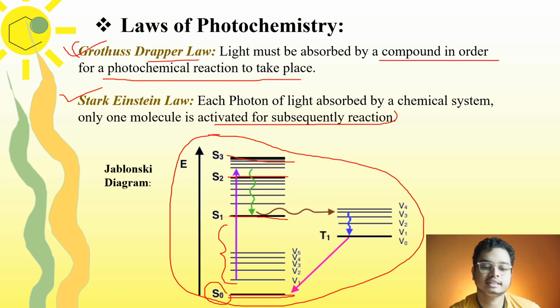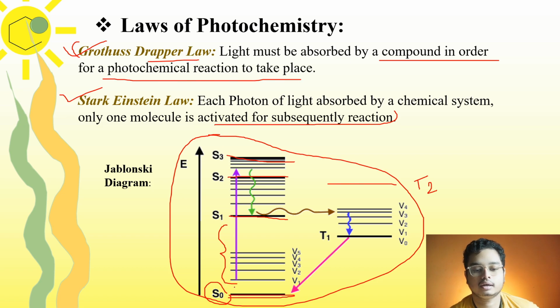So you can say this is all electronic state, S0, S1, as well as T1 is also an electronic state, and T2 is also there, and between T1 and T2 there are so many vibrational states. T1 contains the triplet state and S1 contains the singlet state.